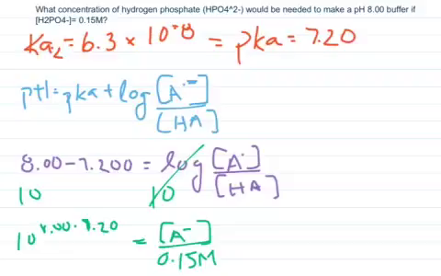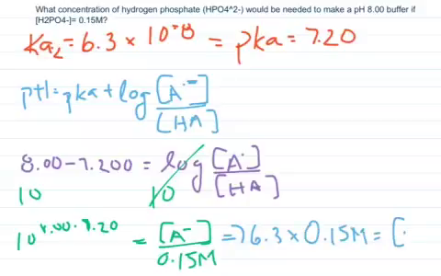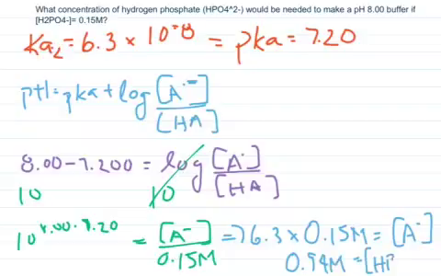Then I'm going to take this number, which we know is 6.3, and multiply it by 0.15 molar to get my base, which I get as 0.94 molar, which is my HPO4 2 minus.